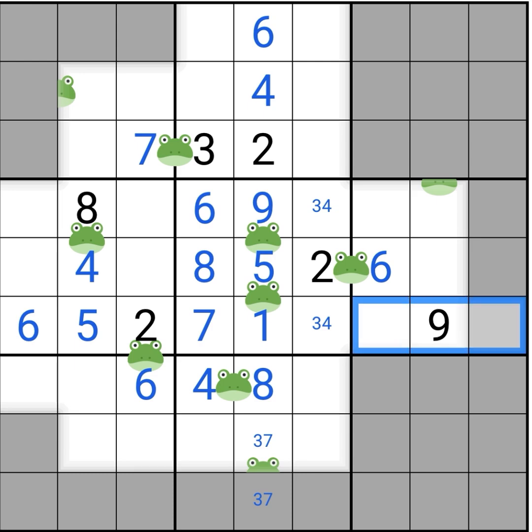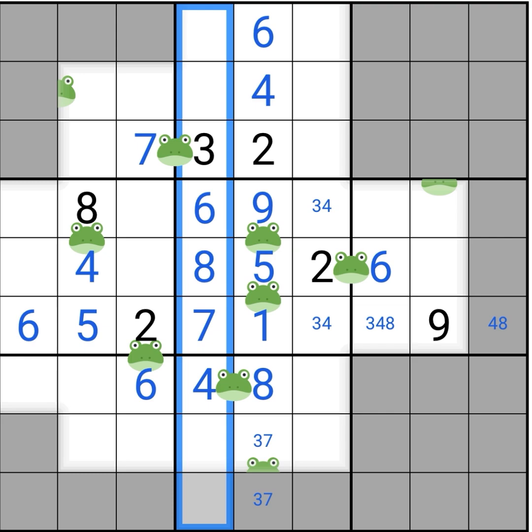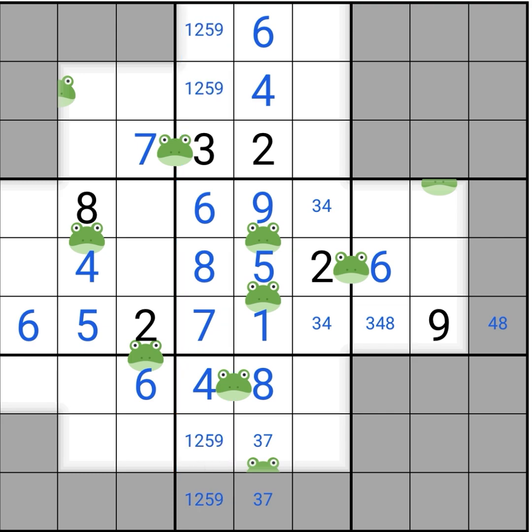This is a 3, 4, 8. And not that it matters, but that can't be the 3 because this can't be a 4 and an 8 together without a frog. This column needs a 1, 2, 5, 9. And the 2 can't go in a box with itself. And now we have a 1, 5, 9 up there. Well, that can't be a 1, 5 or a 5, 9, so it's a 1, 9.